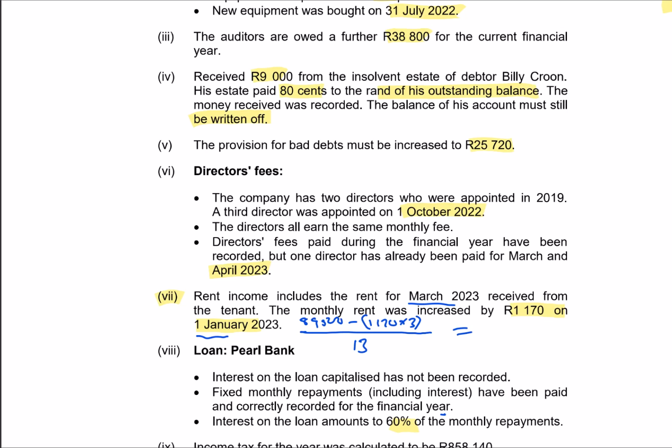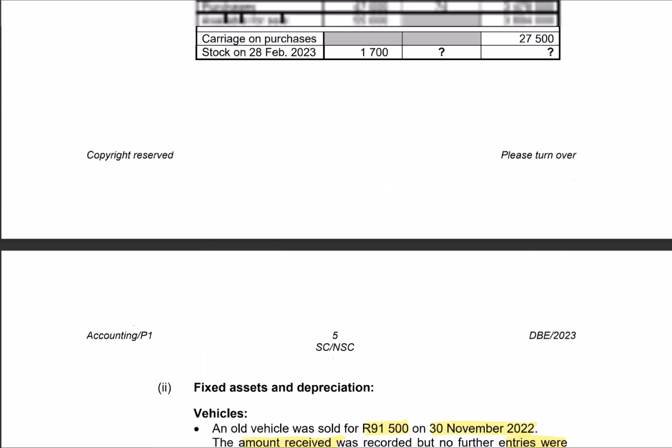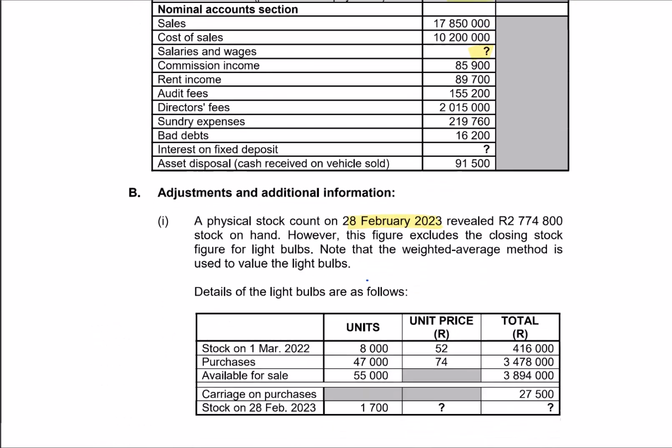So divided by 13. Calculating, 1,170 times 3 gives you 3,510, minus 89,500... Did I copy the figure correctly? It's 89,700.